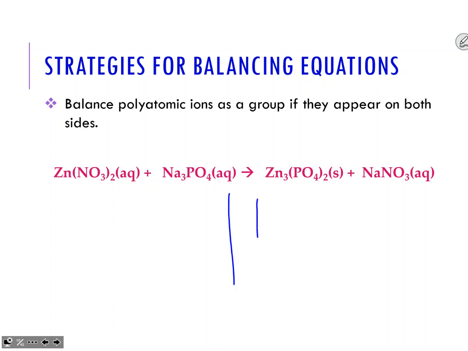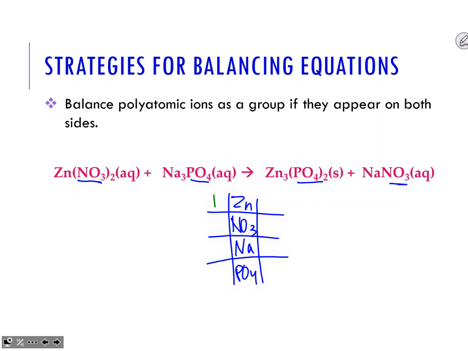So, in this case, when you have them on both sides, like so, you need to keep them together as a group. Since we have nitrate here and nitrate here, we keep that as NO3, and then phosphate, PO4, because there's PO4 on both sides. So don't break those up into individual atoms, it takes too long.